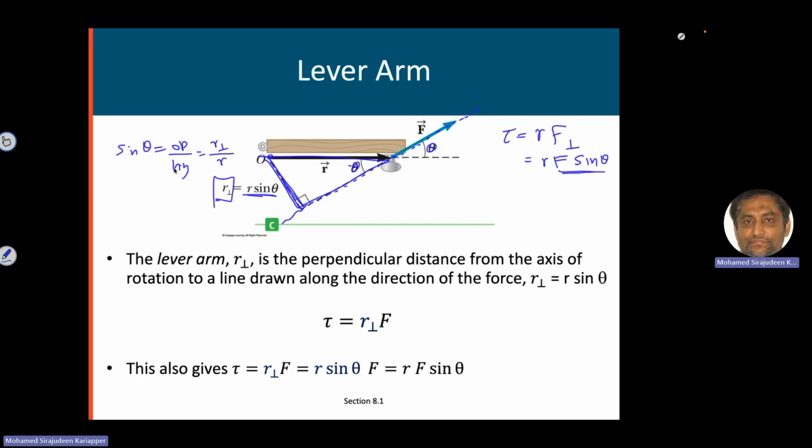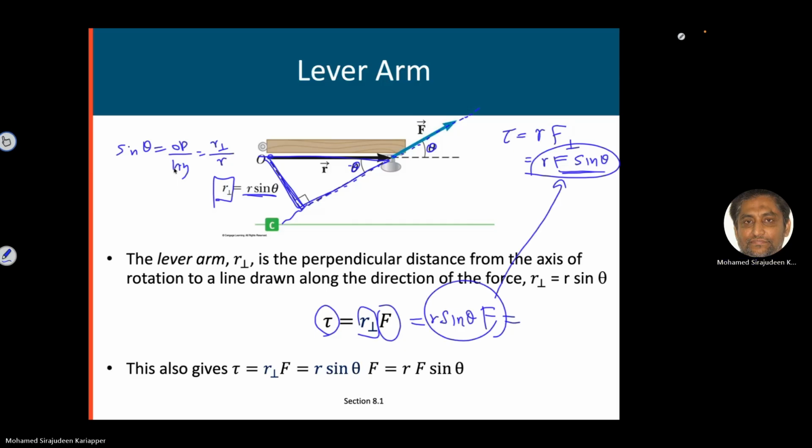I can also say the torque is equal to the total force, not the perpendicular force, multiplied by R perpendicular. Why is this correct? Because you can see that R perpendicular, I proved it to be R sine theta, multiplied by F, so you get exactly the same answer. So I can find the torque in this manner as well.